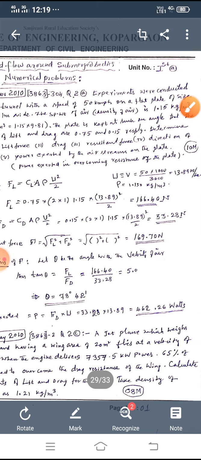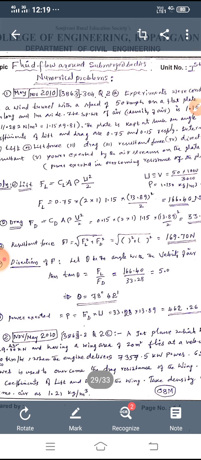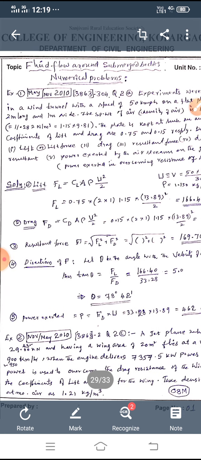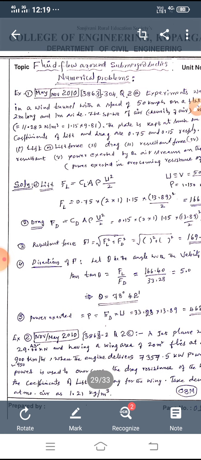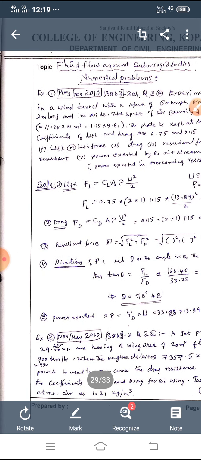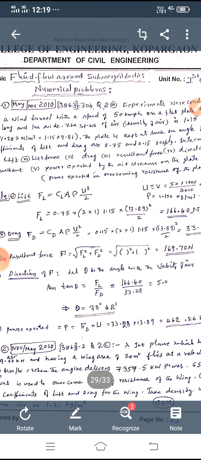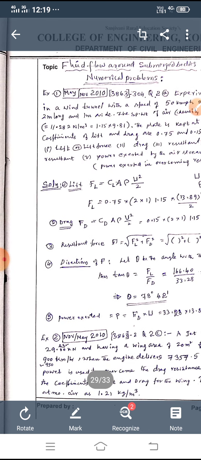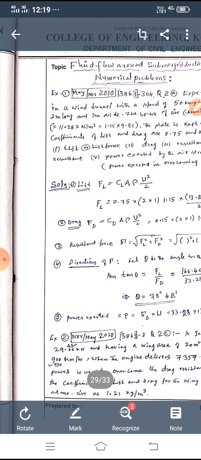Okay. Next, second problem. A jet plane which weighs 29.43 kilonewton and having a wing area of 20 meters squared flies at a velocity of 950 km per hour when the engine delivers 7357.5 kilowatt power. 65% of power is used to overcome the drag resistance of the wing.